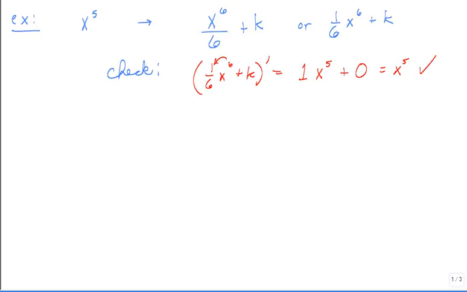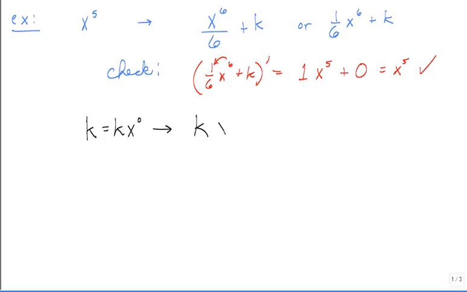Now, if I just have a constant, the antiderivative of a constant is going to be, well, actually, let me go back here. That constant is the same as constant times x to the 0, because anything to the 0 power is 1.